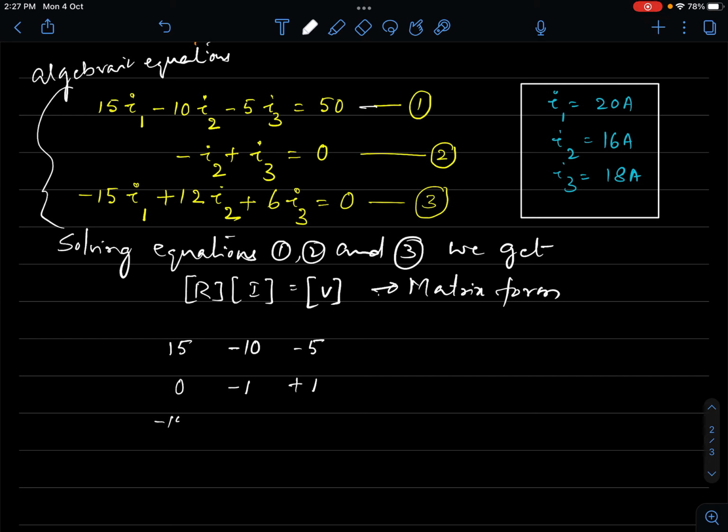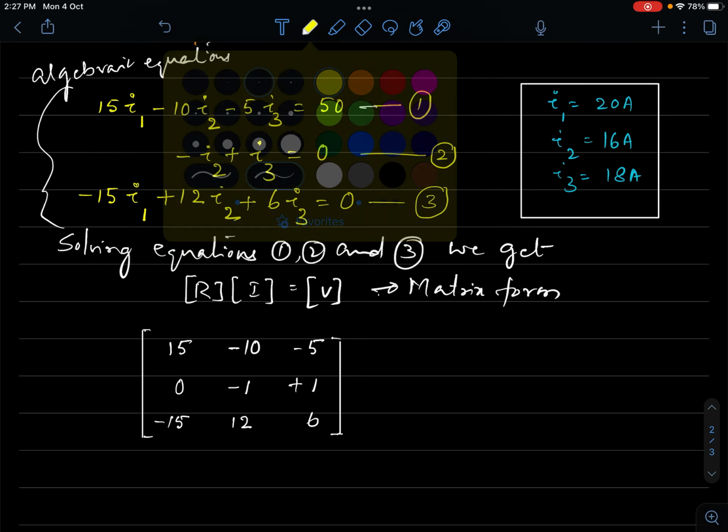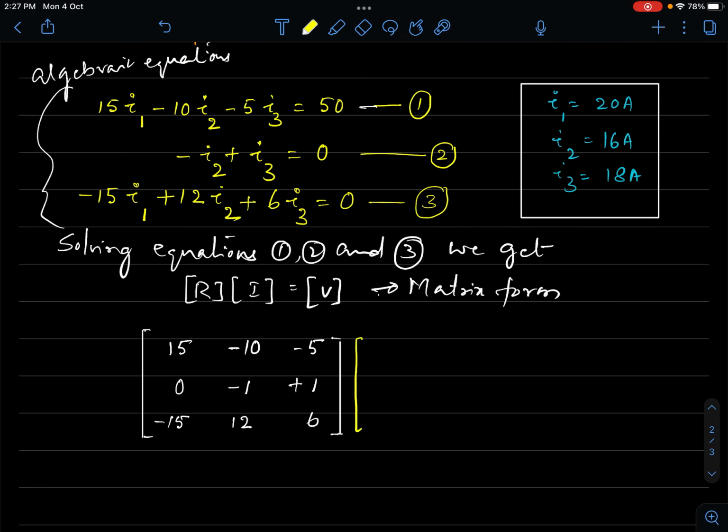Similarly, from third equation, we have minus 15 coefficient of I1, plus 12 coefficient of I2, 6 as the coefficient of I3. This is my resistance matrix. This multiplied with the current matrix, which is our unknown, I1, I2, I3.